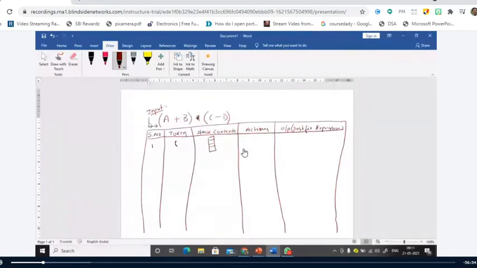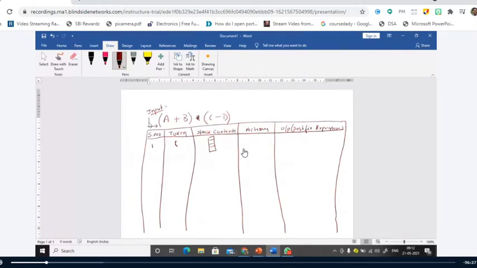If the priority of the incoming operator is greater than that of the top symbol, perform a push operation. But if it is less than or equal to the priority of the top symbol, you have to perform two actions: first pop the stack and place it in the output, and then push the incoming operator.